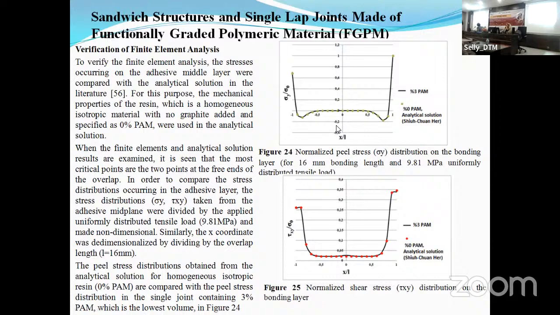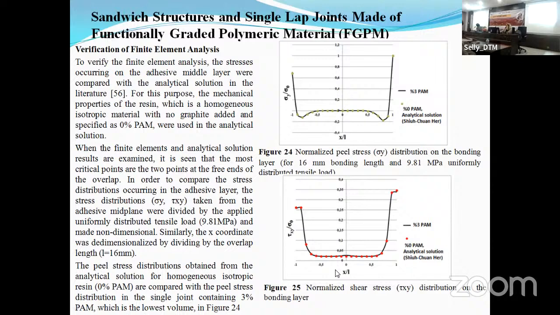In order to verify the finite element analysis, the data taken from the adhesive layer is compared with the analytical literature. For this purpose, the mechanical properties of the resin, which is a homogeneous material, were used in the analytical solution.